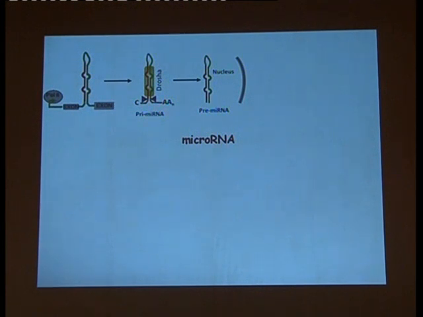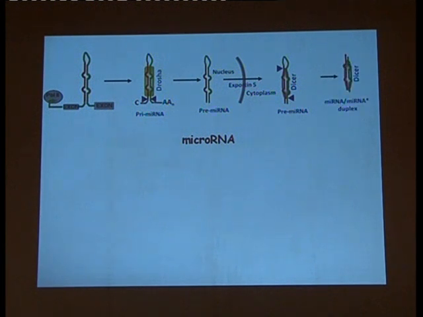There is a protein machinery called exportin 5, which takes this pre-microRNA outside of the nucleus into the cytoplasm. Then another protein machinery known as Dicer recognizes the processed hairpin structure of RNA and clips at these two positions to give this kind of double-stranded duplex RNA along with Dicer.